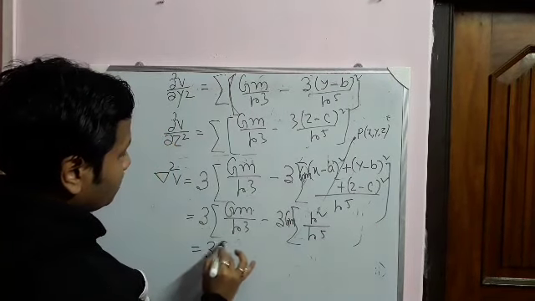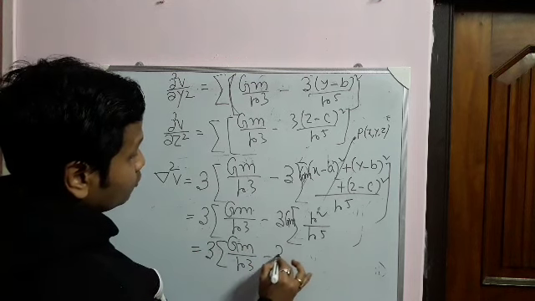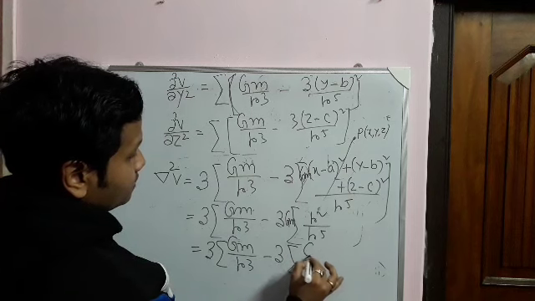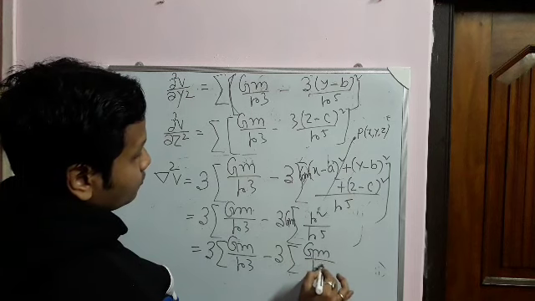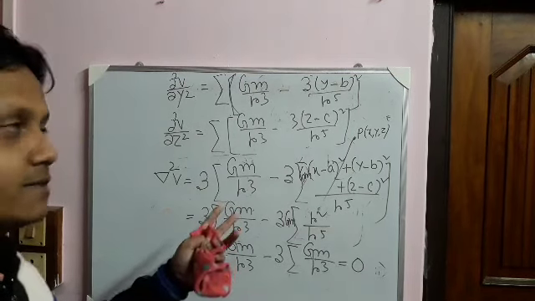So 3 into sum of Gm by R cube, Gm will be common in both terms. So Gm by R cube minus Gm by R cube, so this is 0. So simply this is differentiation.